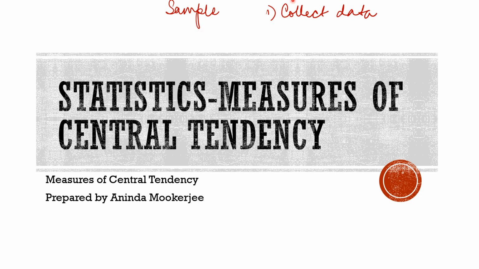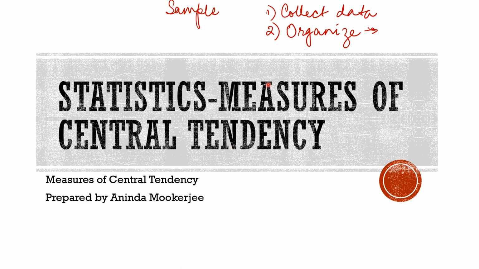All right, and once we collect our data, the data usually comes to us in a very disorganized and random fashion. So the next step, we have to organize the data. All right, and we learned all the different ways we can organize the data, whether it's quantitative data or qualitative data.